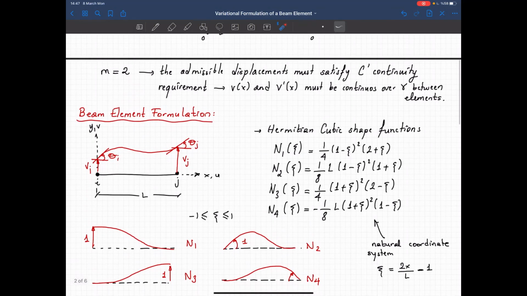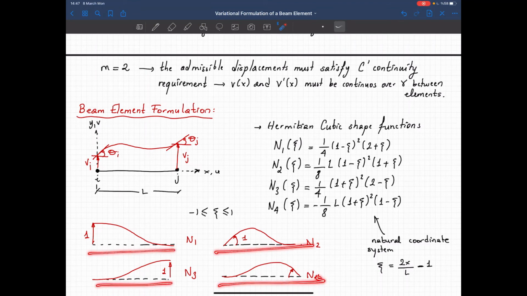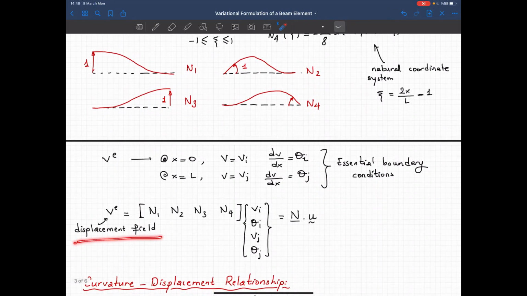And for such a case, we have the Hermitian cubic functions. These are the equations of the Hermitian cubic functions. And when you plot them, you see nothing but the deformed shapes that we used while deriving the element stiffness matrix of that beam by using the stiffness method. And then we determine our displacement field.